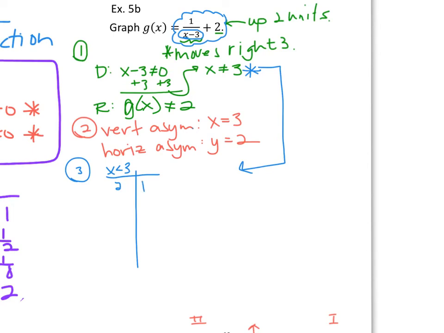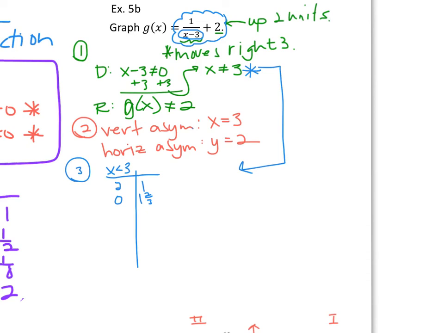Let's go over to 0 and see what happens. If we go over to 0, 0 minus 3 is negative 3. 1 divided by negative 3 is negative 1/3. Negative 1/3 plus 2 would be 1 2/3. So still a little tricky to graph, but we'll get there.